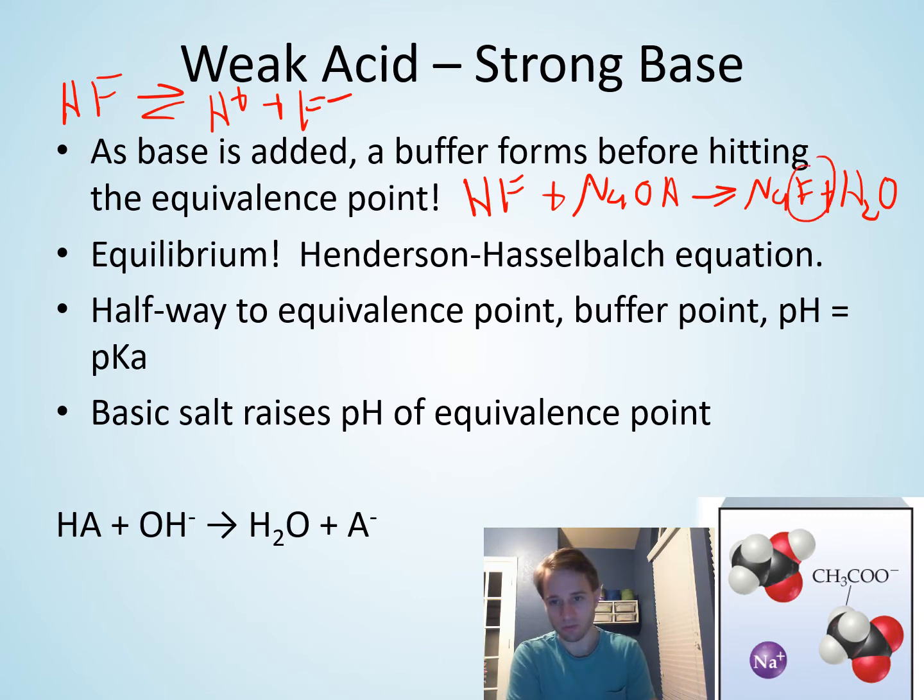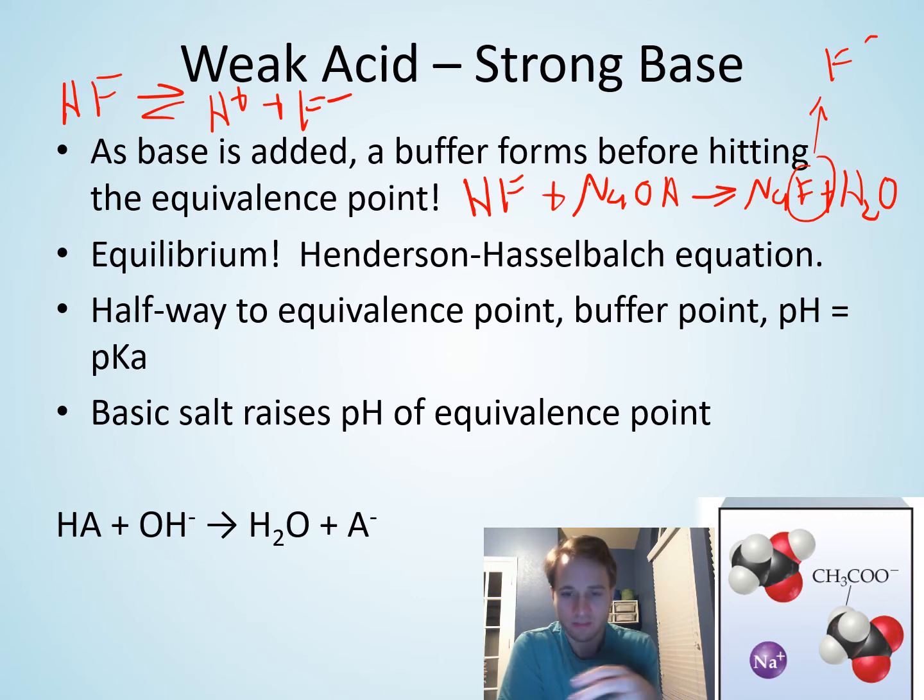This is really just forming F minus in solution. And so when I've reacted some of my weak acid to form a weak base, I now have a solution that contains a weak acid with its conjugate base, and I've formed a buffer solution, okay?